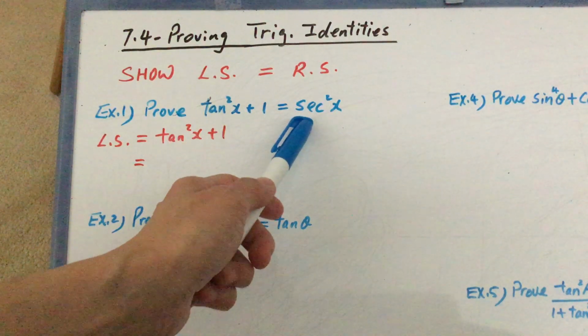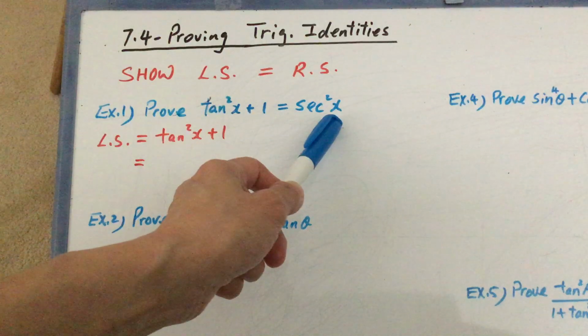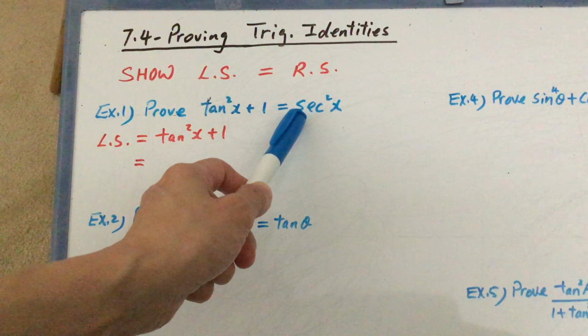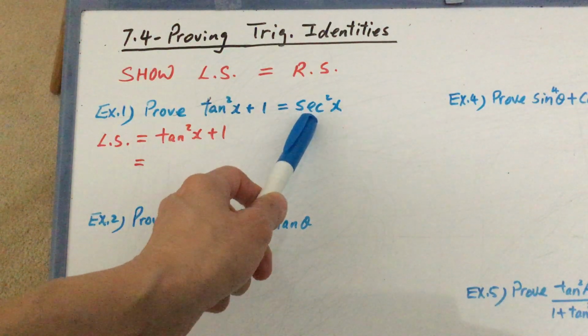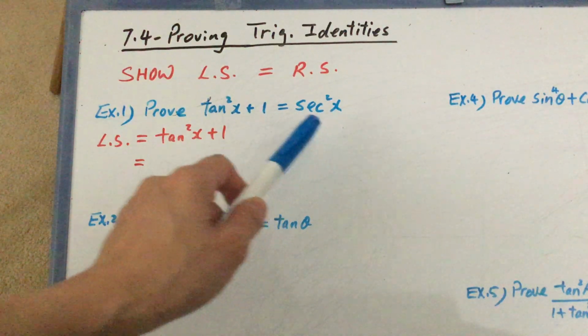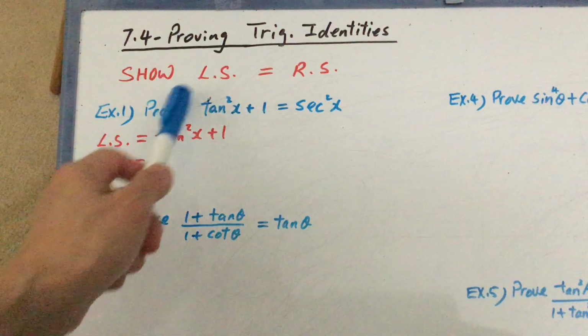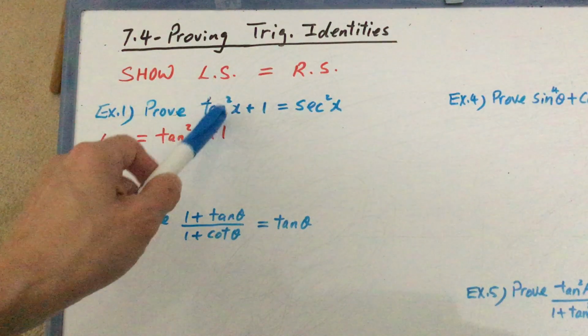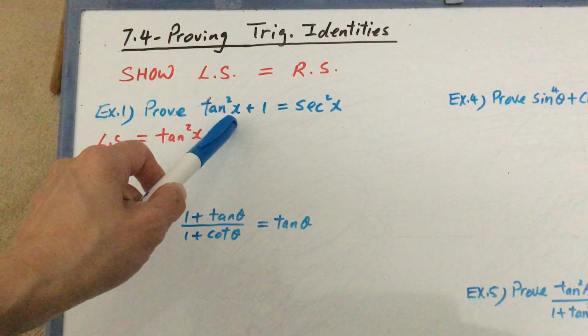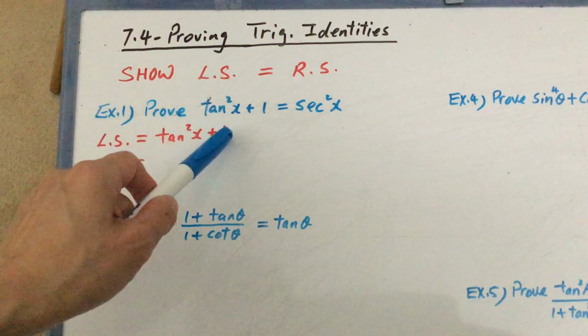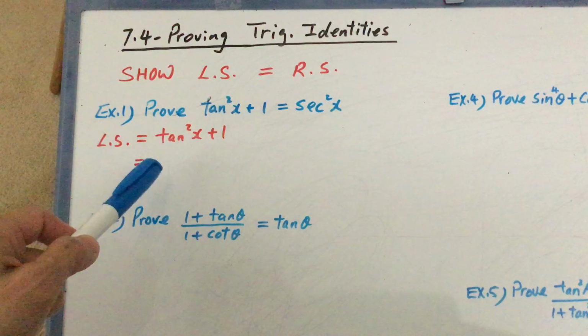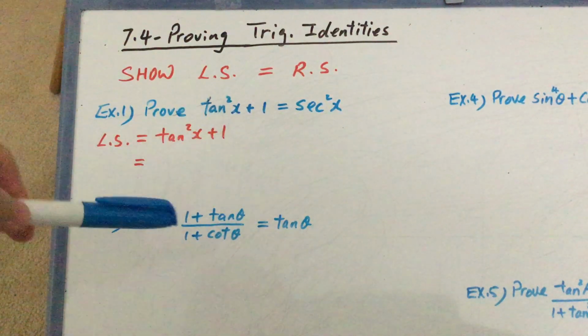All I know about secant x is that it is the reciprocal of cos x. After you convert this into 1 over cos x, there's not much that you can do to turn that into something equivalent to the left side. That is the reason why I always pick the longer side, the ugliest side, to start my proving, because those are the sides that I can do more on.